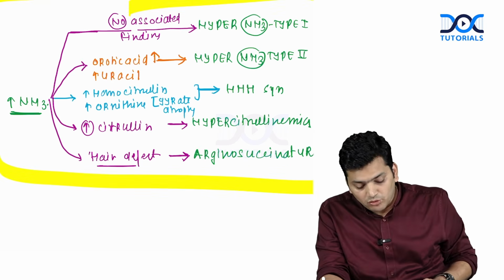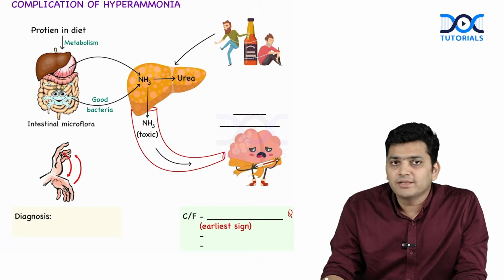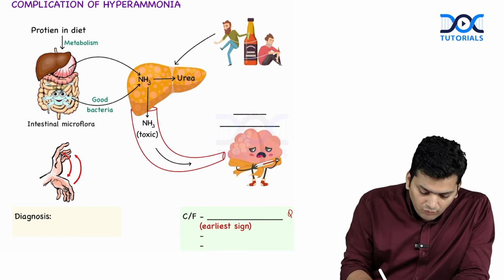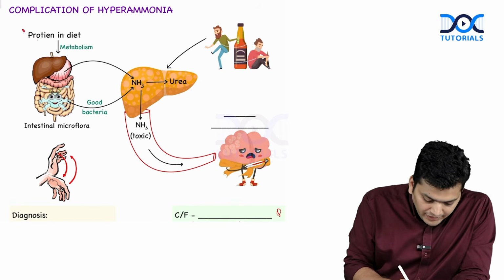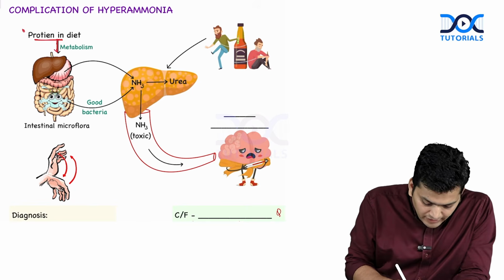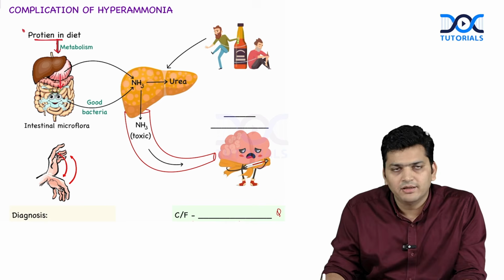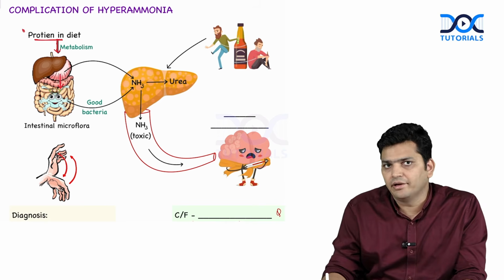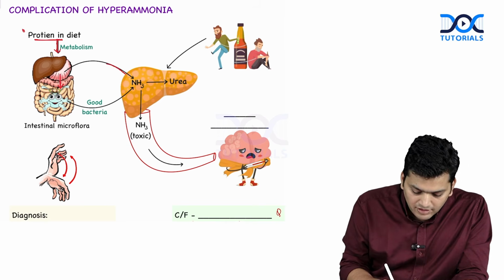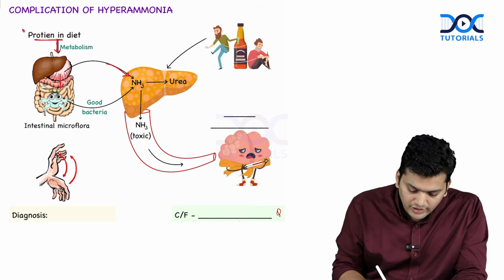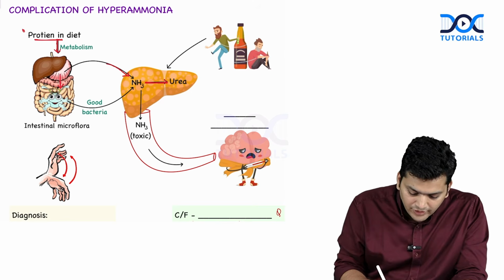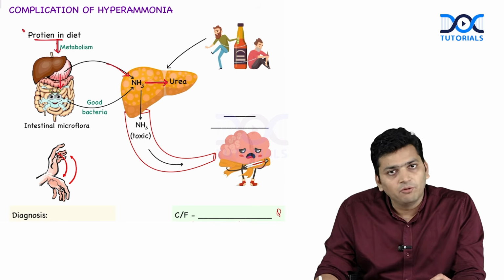Now let's have one more clinical correlation here. See, what is happening is, right now, whatever protein you are eating in your diet, this protein is getting absorbed in the intestine, and ultimately it is getting metabolized. And one of the products that you are getting from the protein metabolism is ammonia. And this ammonia is easily getting converted into urea with the help of the liver.